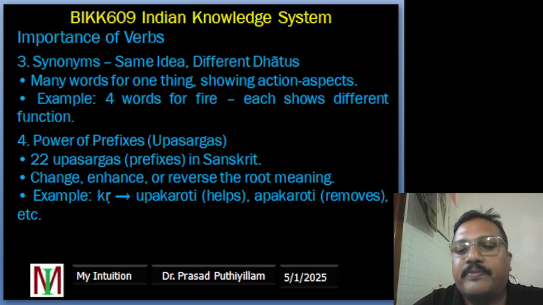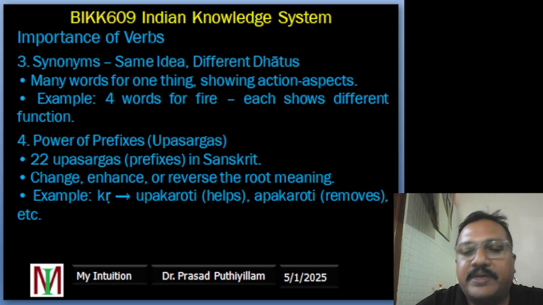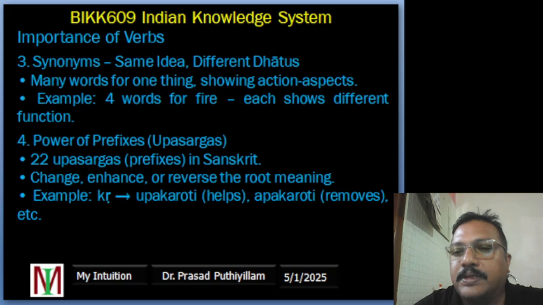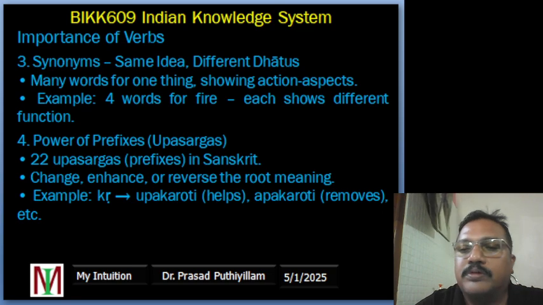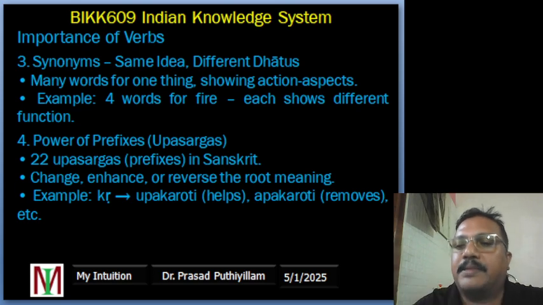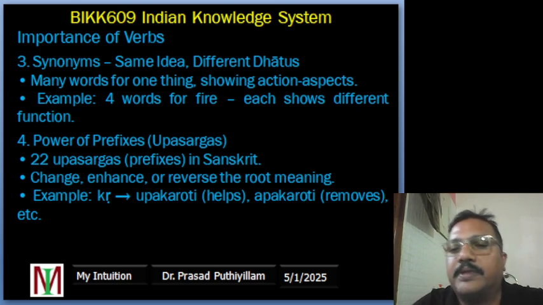Okay, so the power of the prefixes, the upasarga. You can see some of the examples. There are 22 main prefixes in Sanskrit, which are added in front of a root verb to change or improve its meaning, which makes the language both mathematical and rich with meaning.